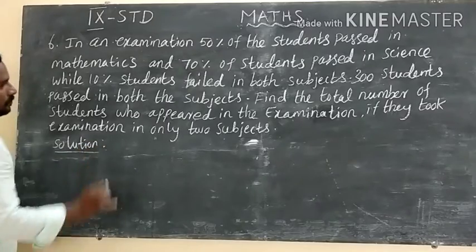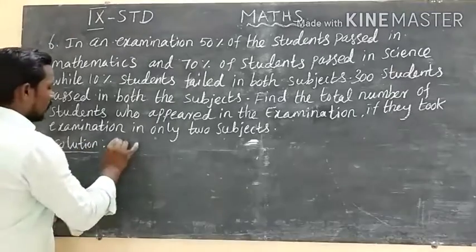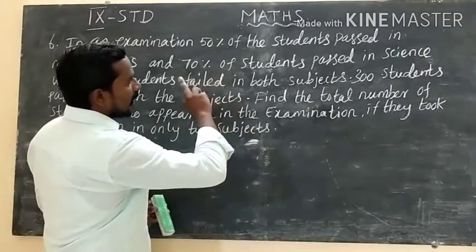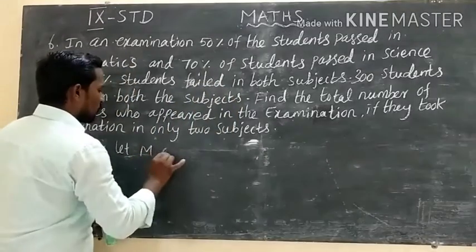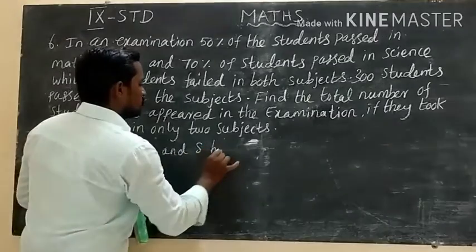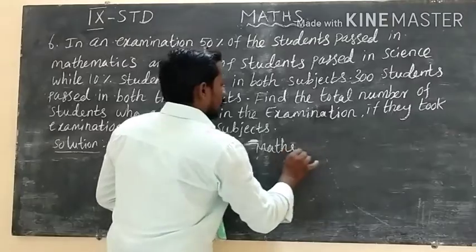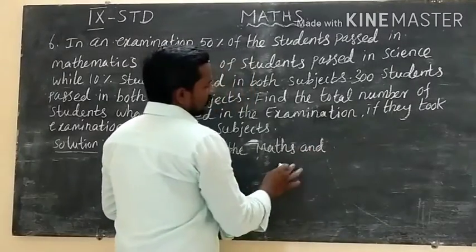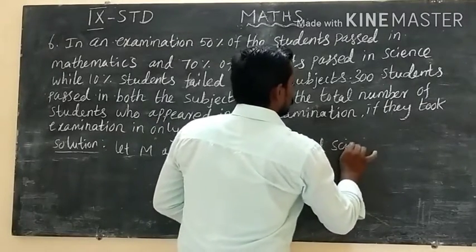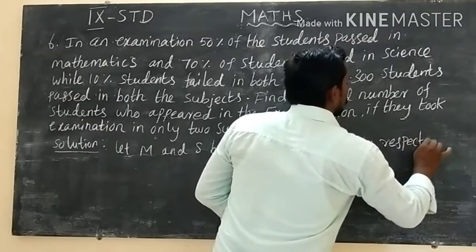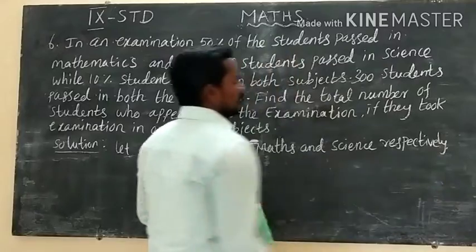Let's consider that the two categories are maths and science, so M and S be the sets for mathematics and science respectively. First define the set.